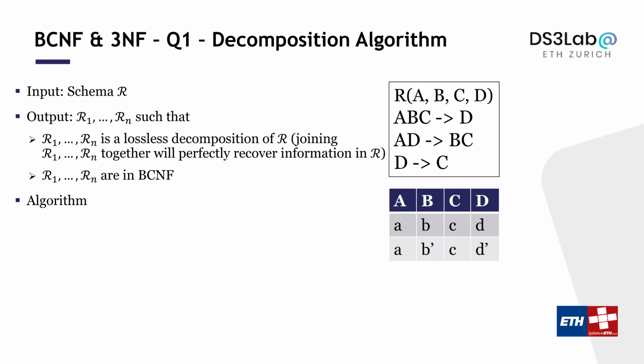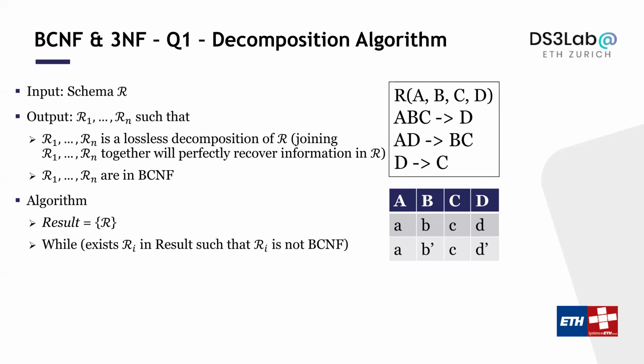To do this, there's actually a very simple systematic algorithm. It works as follows. You start from a single relation, R, and then you look at whether every single relation in the result set is in BCNF. If you can find one relation in the result set, and to start we only have a single relation here, that's not in BCNF, it means that you must be able to find one functional dependency from alpha to beta that is evil.